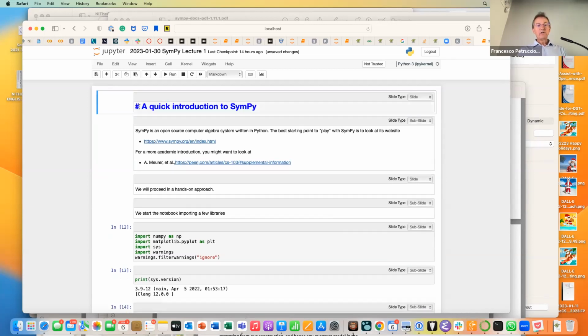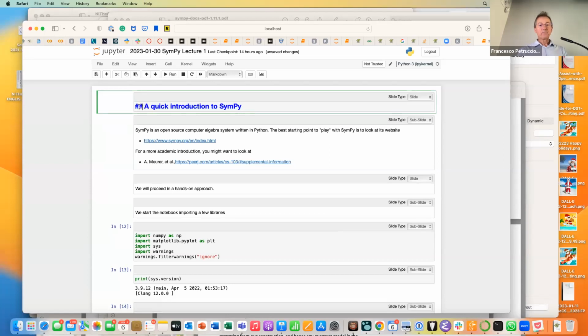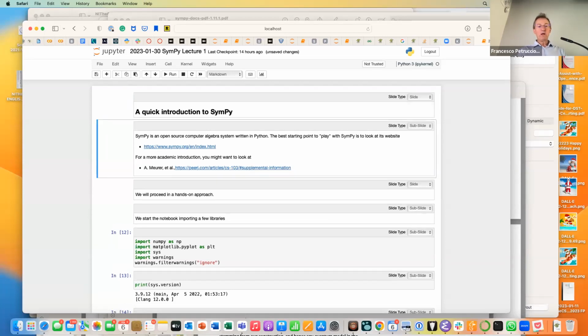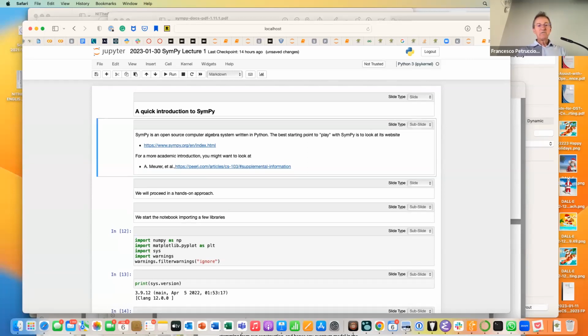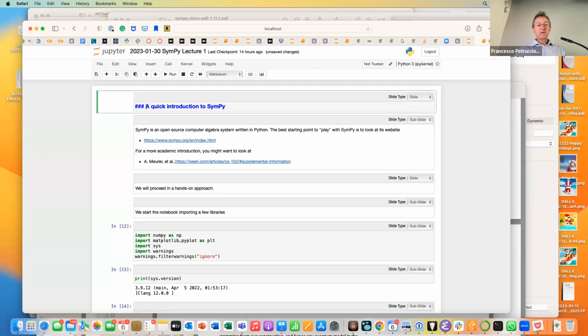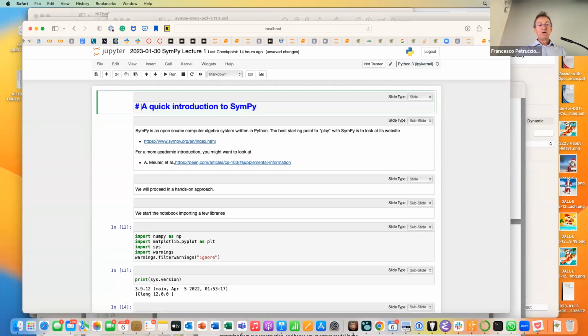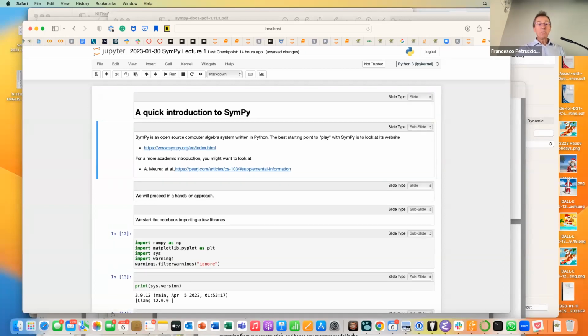If I add, for instance, two hashtags, it makes it a little bit smaller. With three hashtags, it makes it even smaller. So you have a way of choosing the level of headline in your Markdown editor.